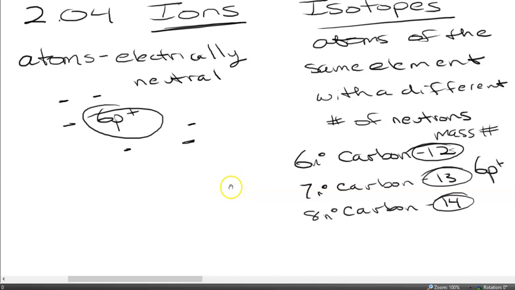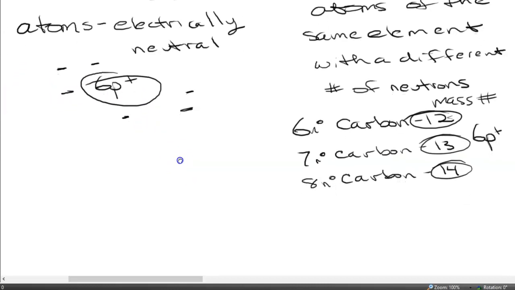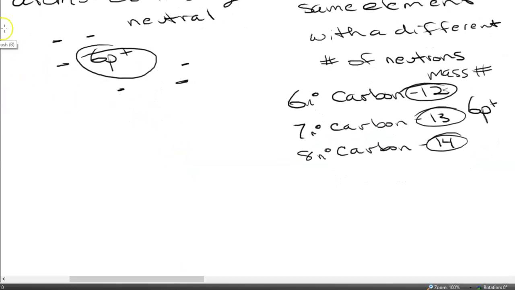But atoms typically don't keep their electron numbers stable. So what atoms typically do is they tend to form ions.